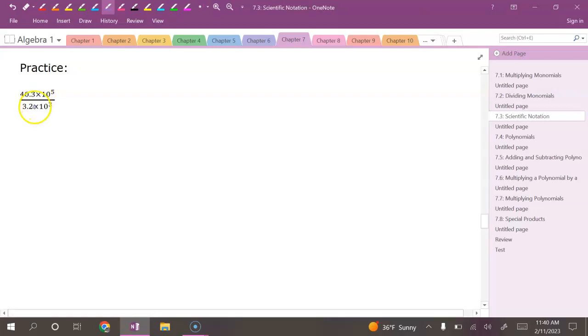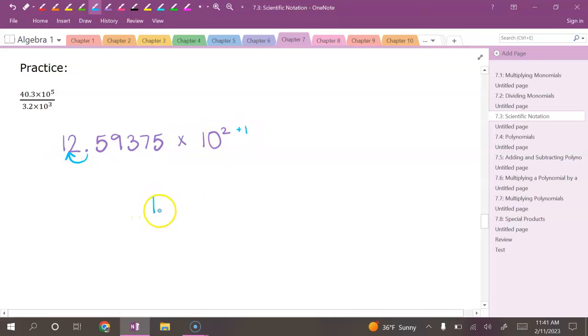So for this one, I started first by dividing 40.3 by 3.2. I got 12.59375. And then that's times 10. And then I had to subtract 5 minus 3, which would be 2. I needed to move this 1 time to the left so that I could get it after that 1. Since I moved it to the left, that means I need to add 1 to my 2.